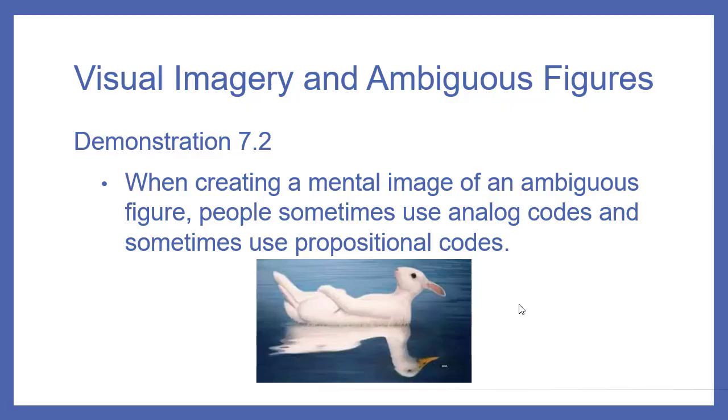And once you see one or the other, it's hard to see the opposite, which we call multi-stability. But you can create an analog code for this by imagining what that looks like. If you had a hard time with the ambiguous imagination part of it, then you would have to think about propositional ways to describe it using words.